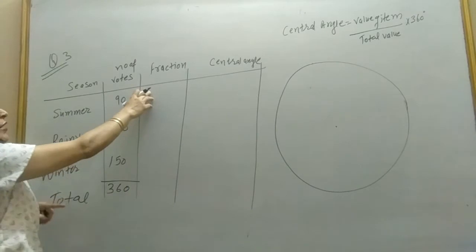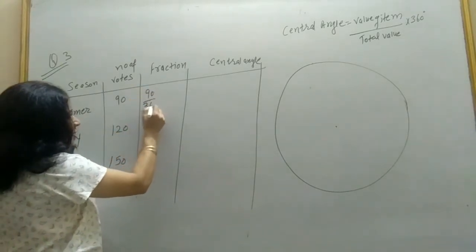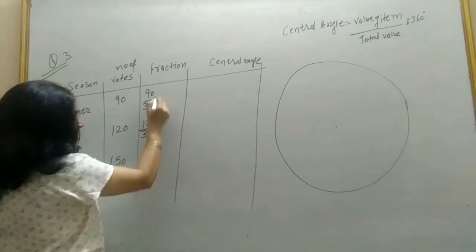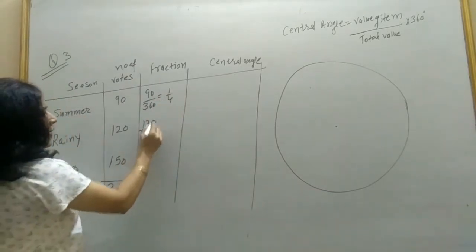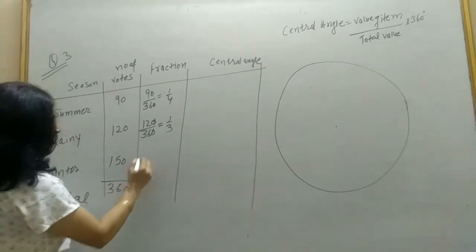So we need to find the fractions. 90 upon 360 is 1 by 4 part of the total people, 120 upon 360 is 1 by 3, and 150 upon 360 is 5 upon 12. I have already explained this in detail in the previous video.